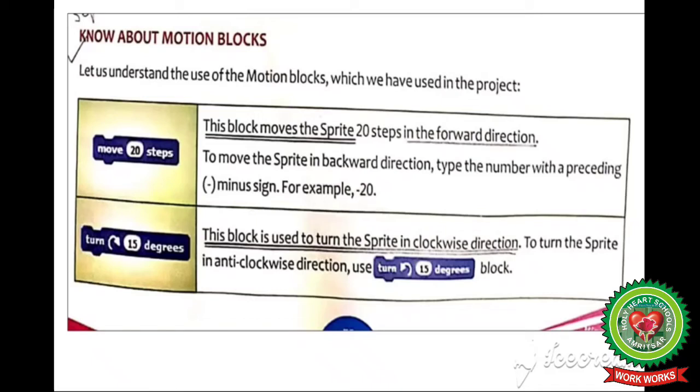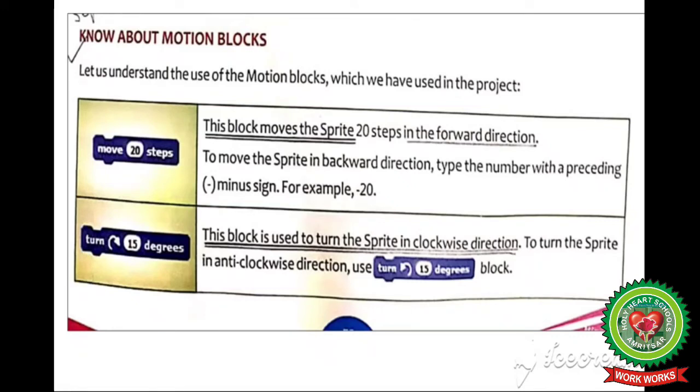Next command is turn 15 degrees. This block is used to turn the sprite in clockwise direction. To turn the sprite in anti-clockwise direction, use turn 15 degrees block with the opposite direction of arrow.